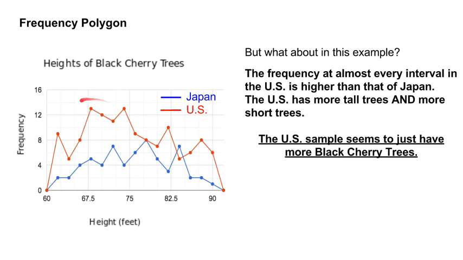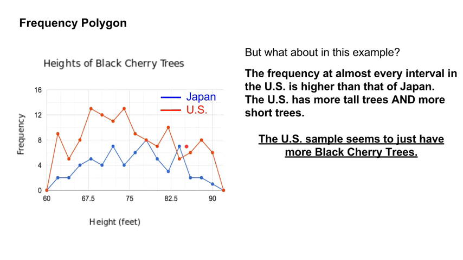The US has more short trees than Japan, but look over here, it also has more tall trees than Japan, except for right at this point right here. So if it has more short trees and more tall trees, essentially the sample just has more trees. So the US sample seems to just have more black cherry trees than the Japan sample.